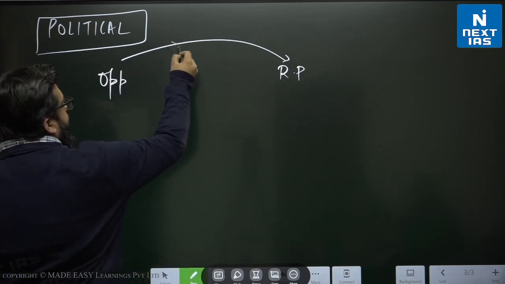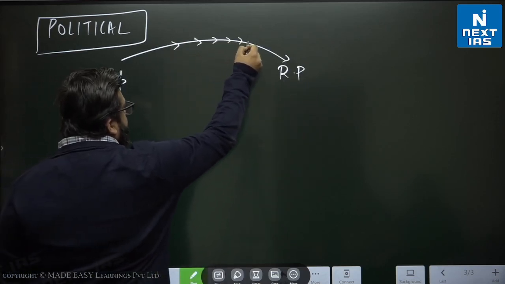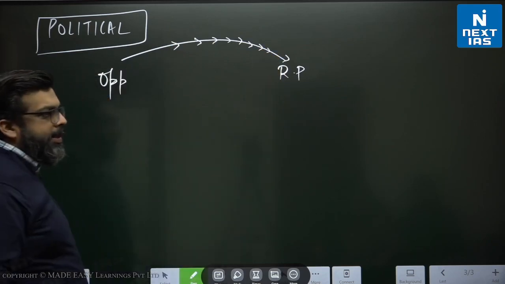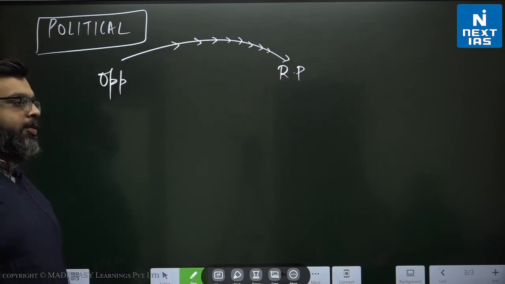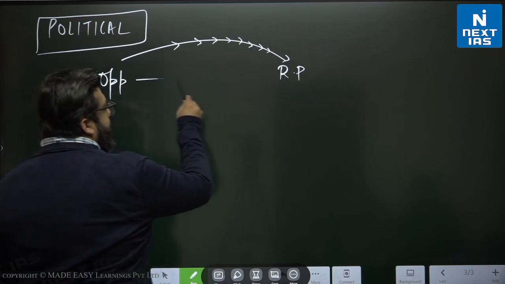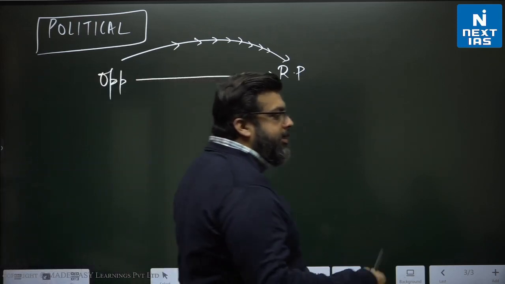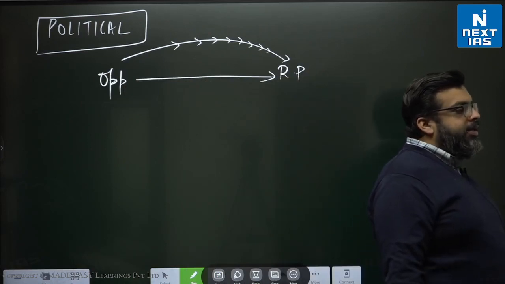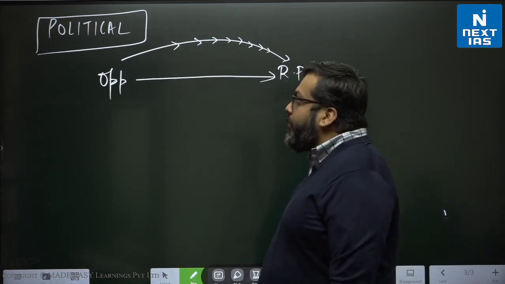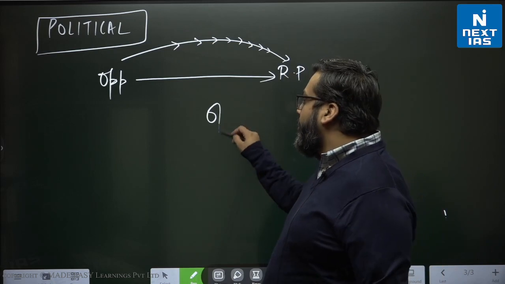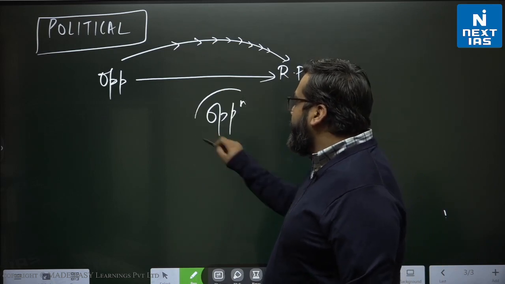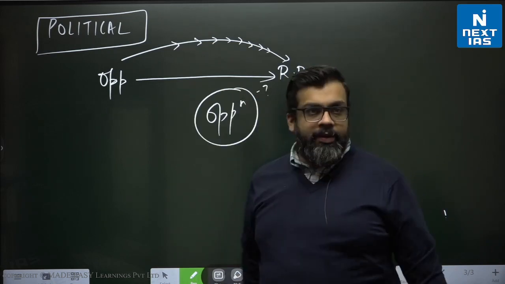It usually happens from the opposition to the ruling party because of political opportunism. कि आप हमारी साइड आ जाइए, आपको मंत्री बना देंगे. You will be given a ministerial berth if you decide to leave your party. So the menace of political opportunism had to sort of be solved.